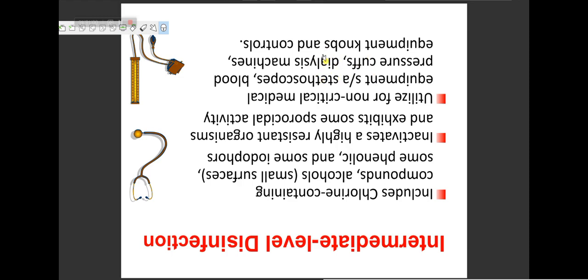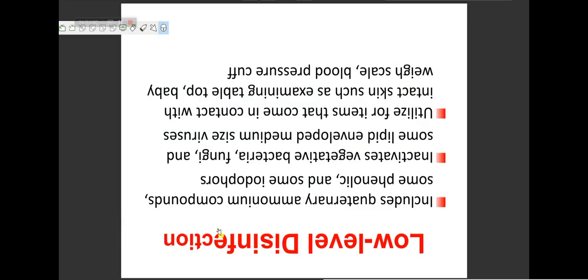So these alcohols and phenols are used for disinfecting these non-critical medical equipments, right?